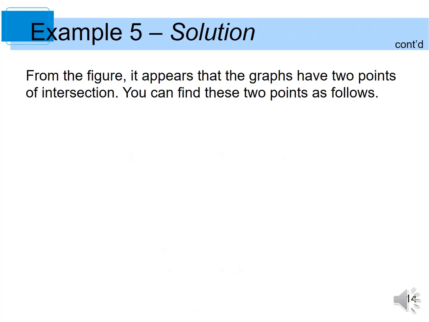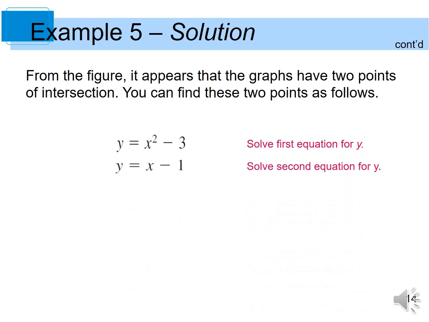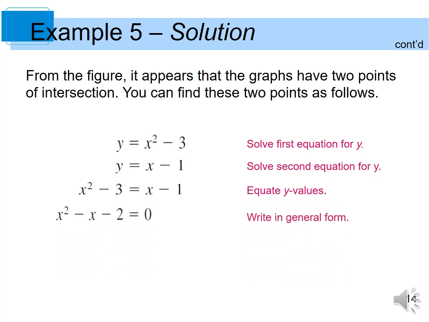However, you can find the points of intersection by using the analytical method. Solve the first equation for y and solve the second equation for y. Then equate these two equations and move the x and -1 to the left side, so that you form the general form.